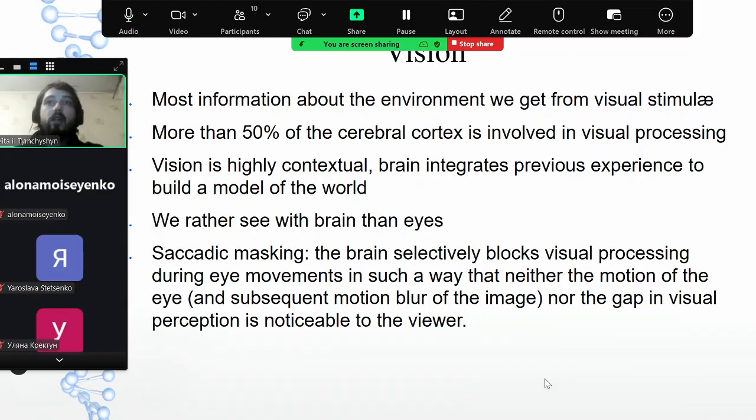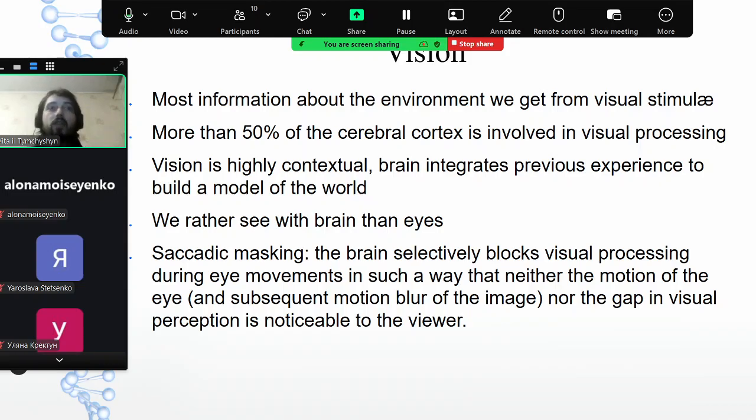The brain selectively blocks visual processing during eye movements in such a way that neither the motion of the eye and subsequent motion blur of the image nor the gap in visual perception is noticeable to the viewer. So we are moving our eyes, but we do not see any blurry image because our brain has masked this.